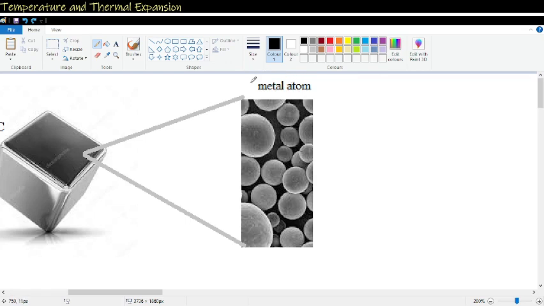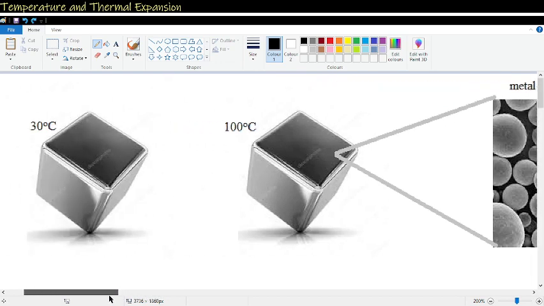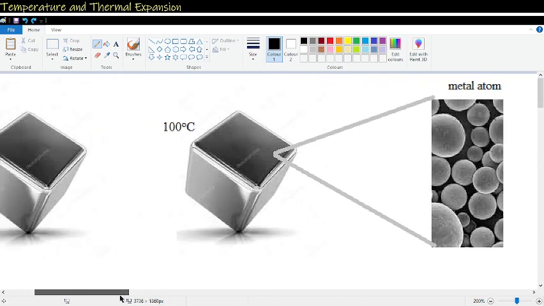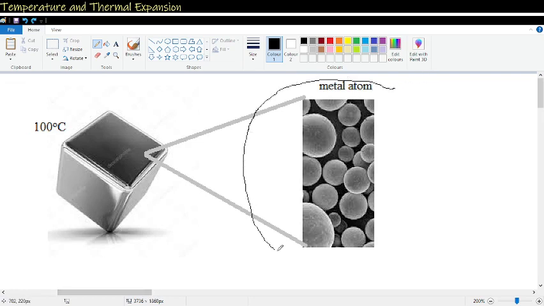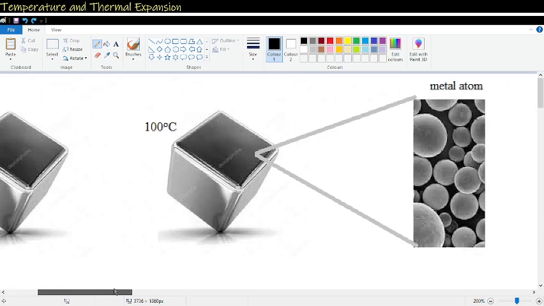They're moving randomly and continuously, and the speed of this particle movement is determined by the temperature, and vice versa. So if you make these particles move faster, the temperature of this cube will be higher. Or if you make the temperature higher, it means you make the particles move faster. So that's the difference between objects with different temperature: the movement of particles.